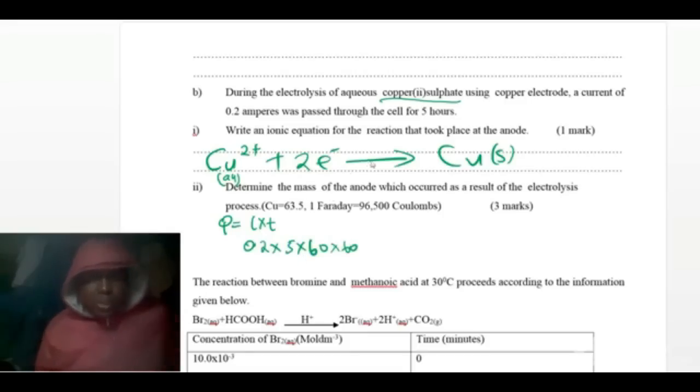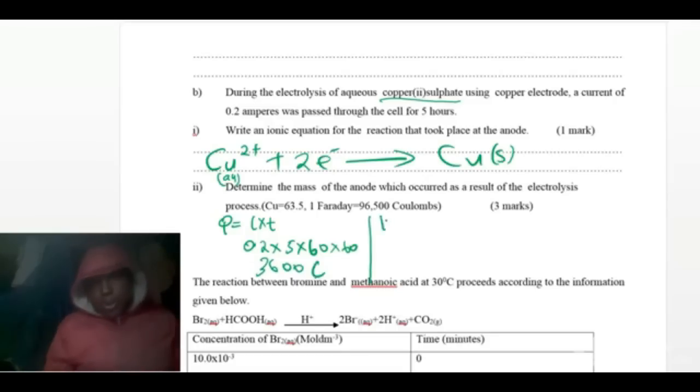When calculating this, time must be in seconds. When you multiply this, you get 600 coulombs.